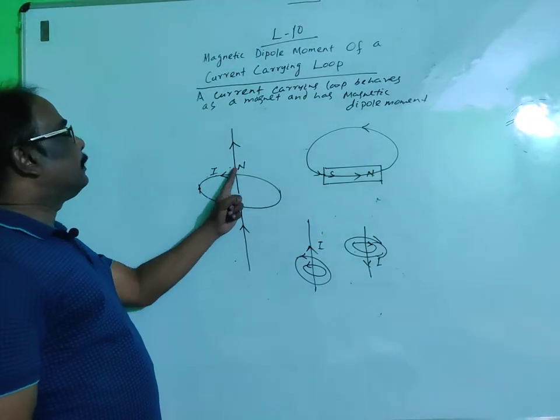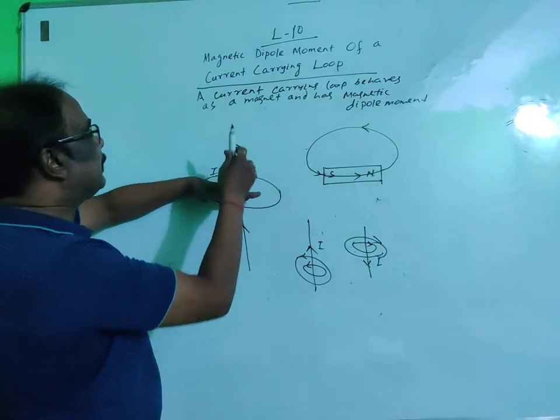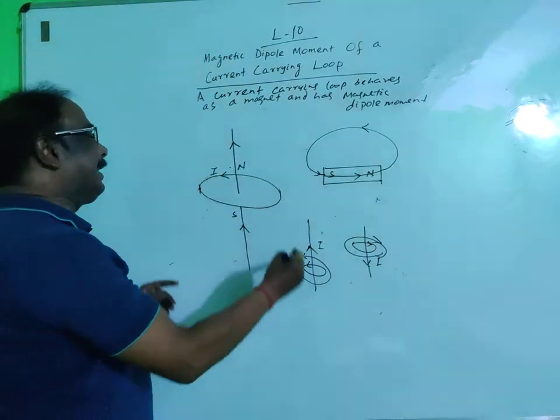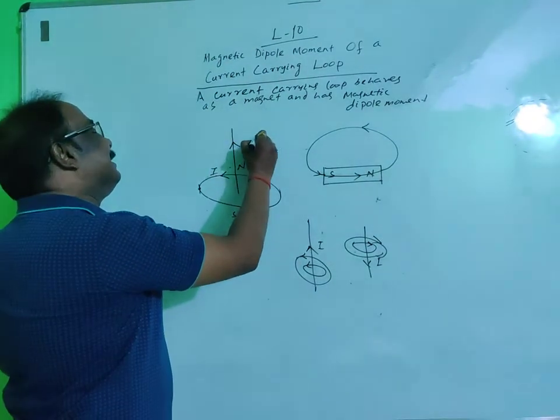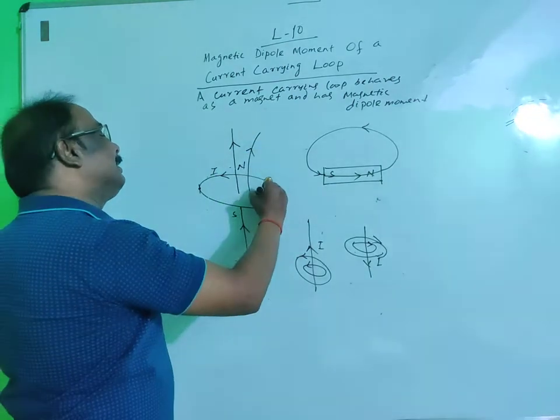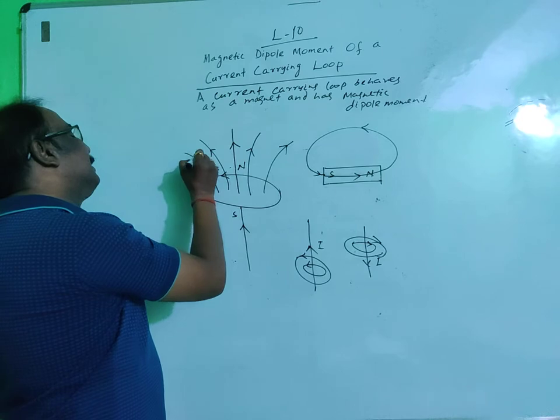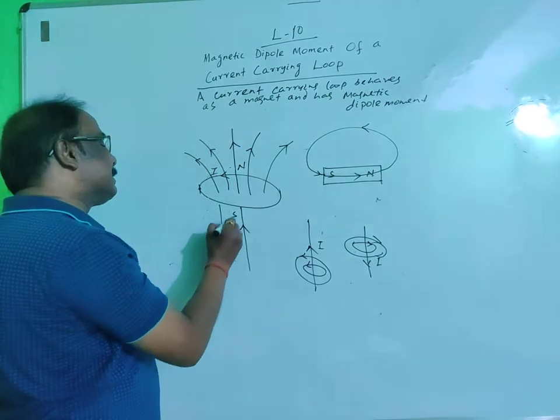So this is the south pole, this is the north pole, and field lines enter here and move away from the upper part. Like this you can represent a number of magnetic field lines.